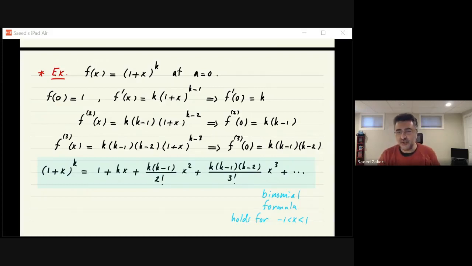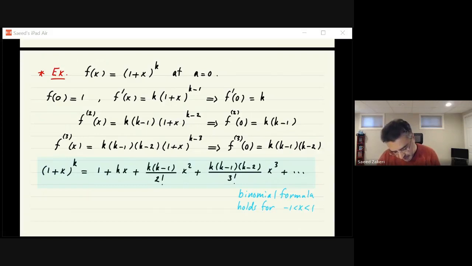And this is the good old expansion for 1 over 1 plus x that we derived using the formula for the geometric series. So I just wanted to mention that this very special case is something we've seen before. But obviously, this is much more general because it applies to many others.